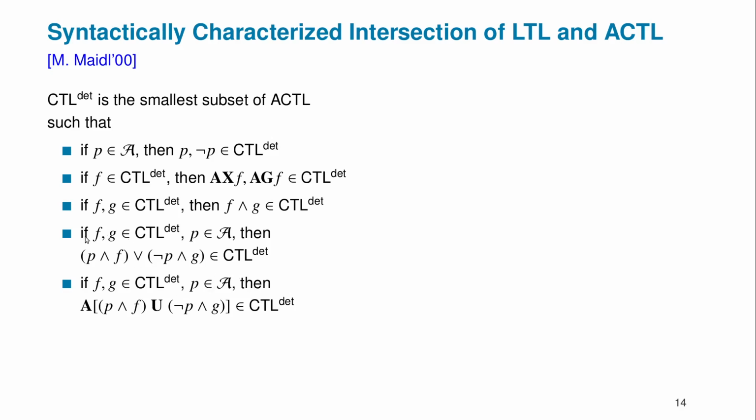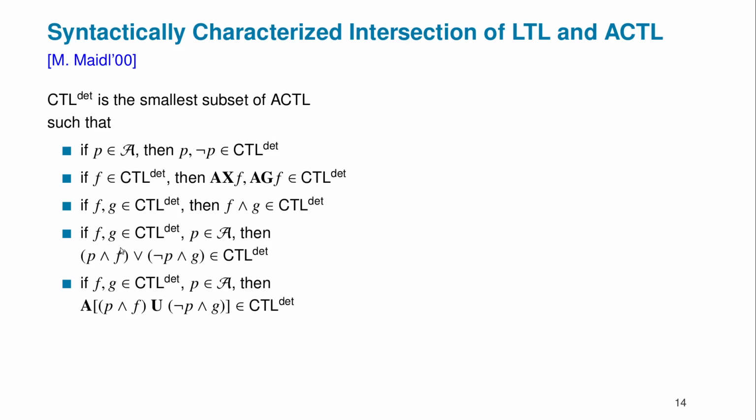Okay, so if F and G are CTL det formulas, and P is an atom, then a disjunction is in CTL det if it has the following form: P and F, or not P and G. And this is an if-then-else. If P is true, then F holds. If not P is true, then G holds.